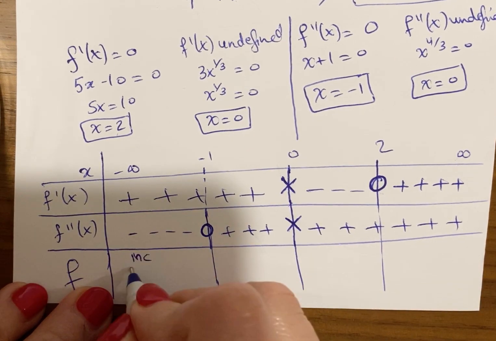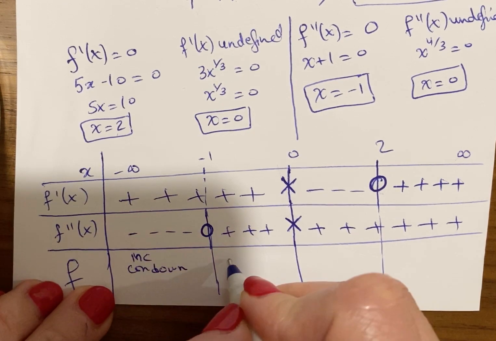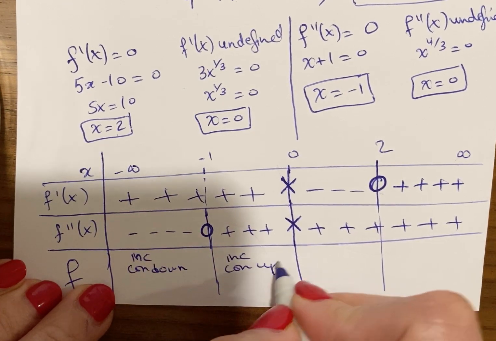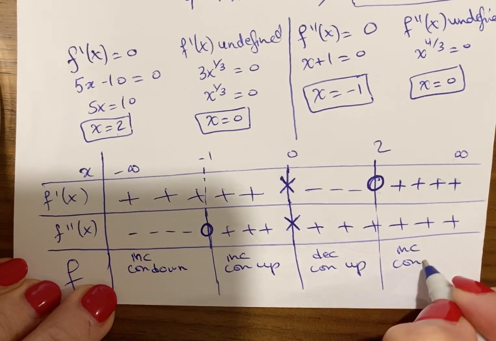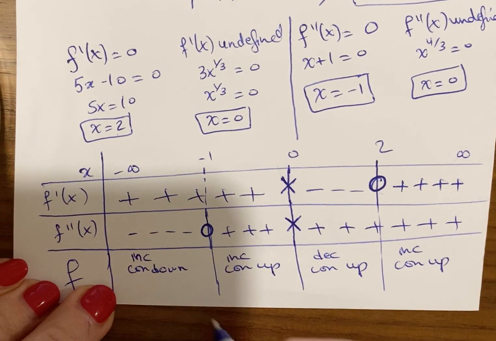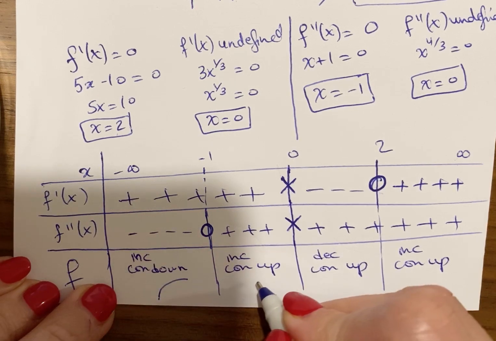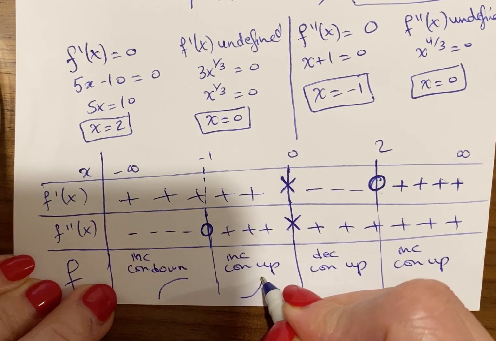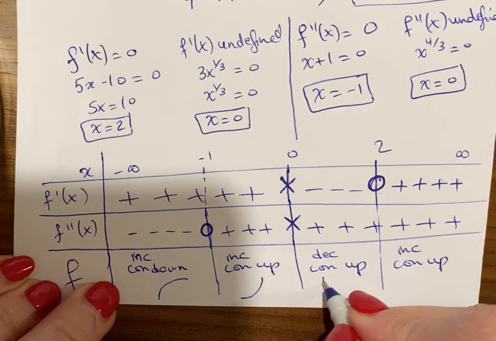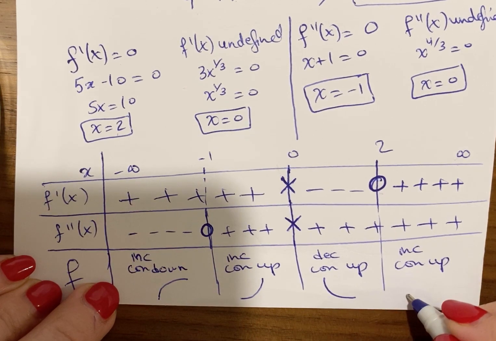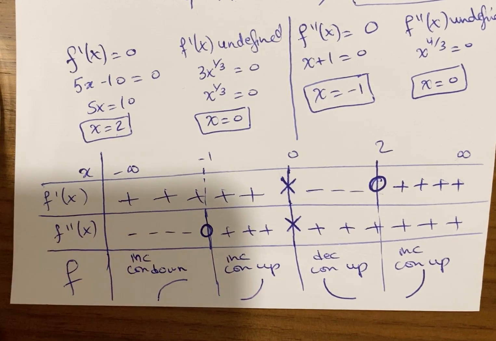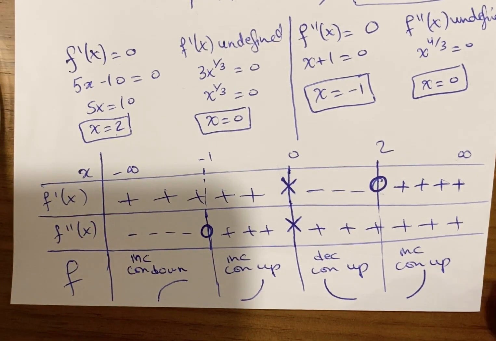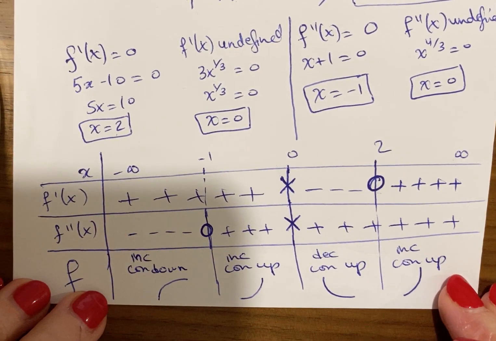Here I have increasing concave down, increasing concave up, decreasing concave up, and increasing concave up. If you don't have them in your mind directly, what do you draw? You draw the smiling face and the frowny face, and then you group them.